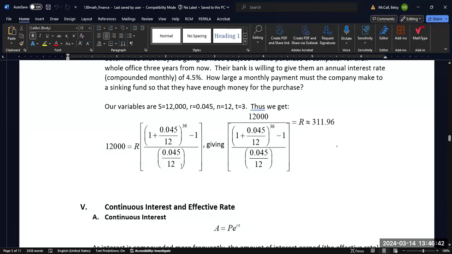And so again, you may want to calculate this side of the equation. It's all a constant except for the R, and then divide that into the 12,000, and you end up with $311.96. If they make that payment regularly into their savings account, then by the time they get to the end of 3 years, they will have the $12,000 they need.